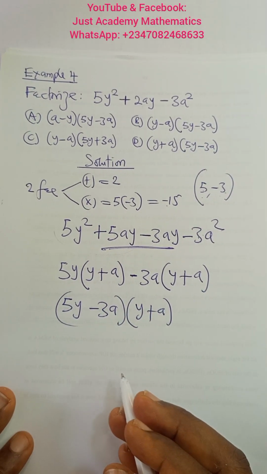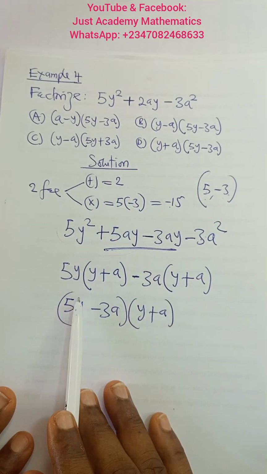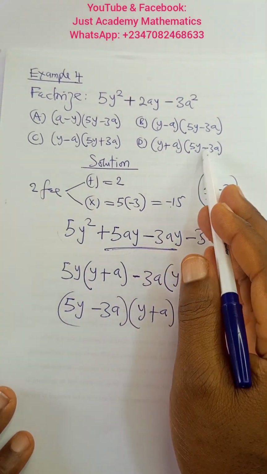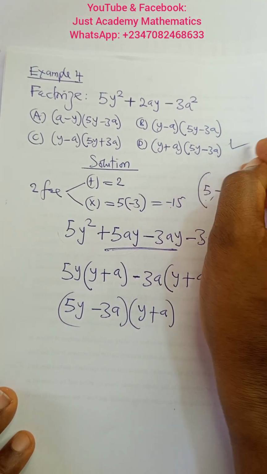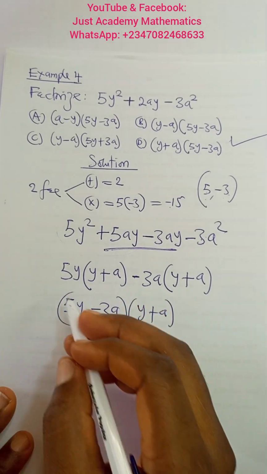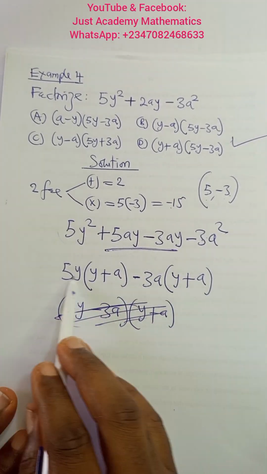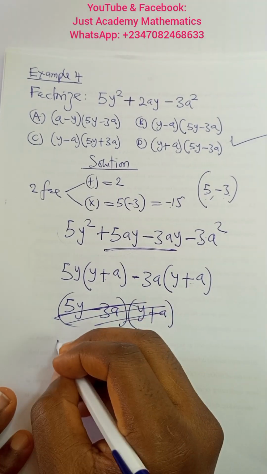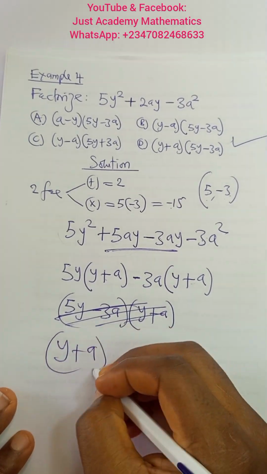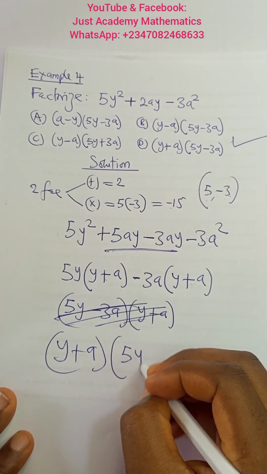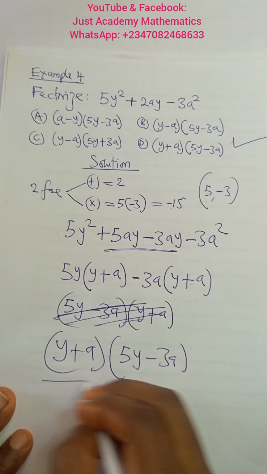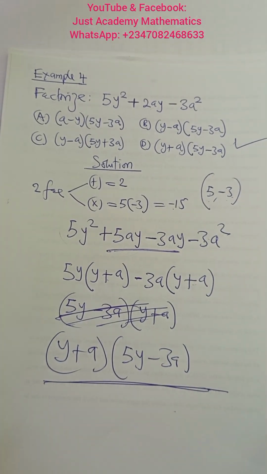It's still the same thing. We have already gotten the answer now. Look at the answer here, D. But let me repeat that. What is common now is these two brackets. So bring it out, a plus y, and what will remain is 5y minus 3a. When you do that, it's still the same thing.